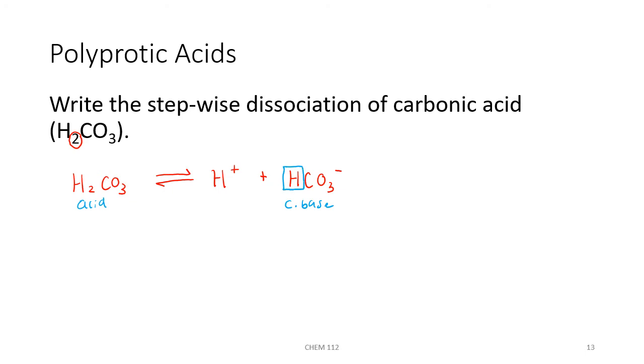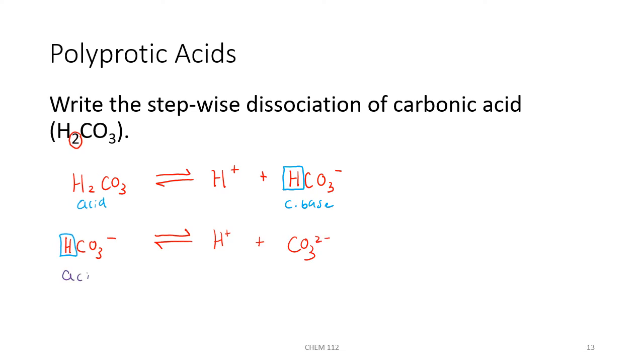So starting now with hydrogen carbonate, HCO3-, we can write the dissociation for that species as an acid. It can lose that 1 proton out front now, and that's the last one. It'll dissociate into hydrogen ion, and we'll be left with CO3 2-, which is just the carbonate anion.